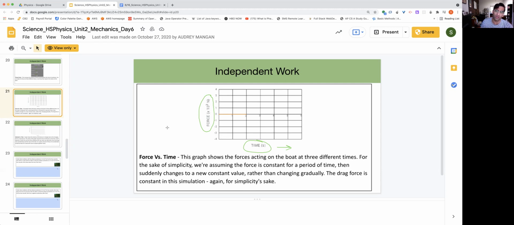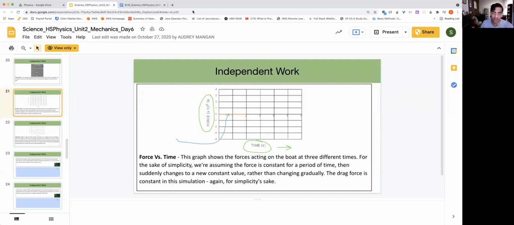So picture the boat cruising at 5 meters per second. Since it is not accelerating, it's not getting faster or slower than 5 meters per second, we can say that the net forces acting on the boat are equal. We can take a look in a later lesson at what that might look like in a force diagram or a free body diagram. But either one of those things could be happening here. So I'm just going to label that on the screen in blue.